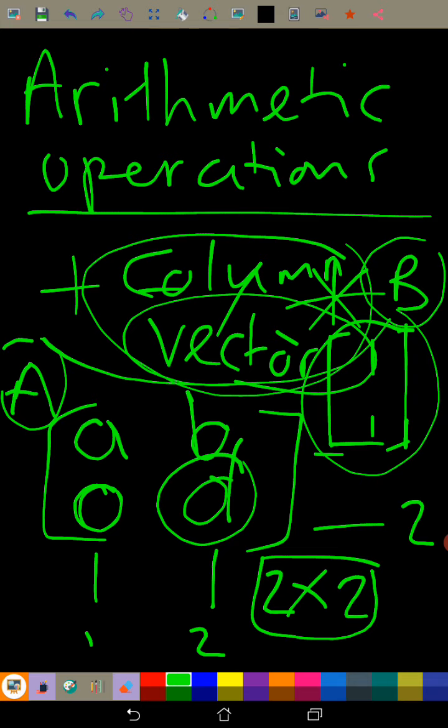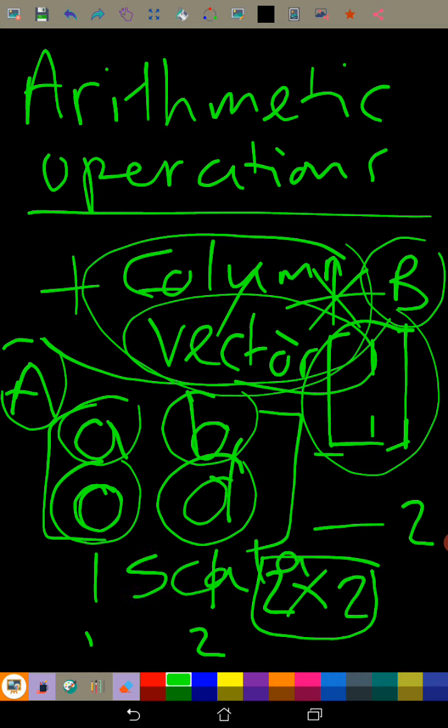Numerical quantities are referred to as scalars. So this is what I understand: the entries are normally not vectors, they are just scalars. Scalars just have a number, a magnitude.